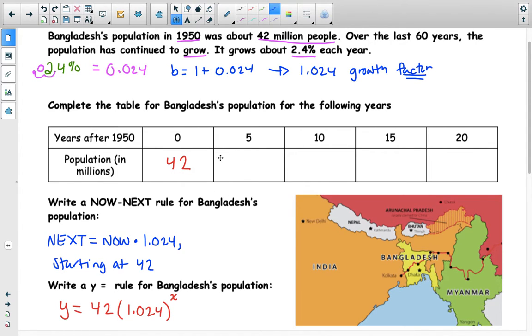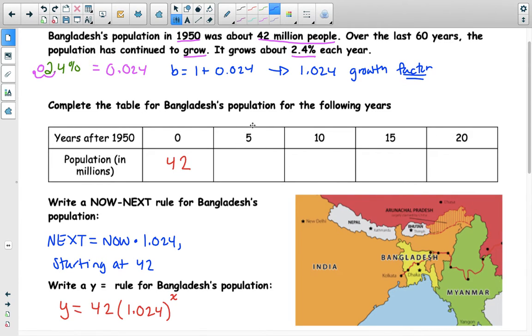So in order to complete this table, we cannot just multiply 42 times 1.024. We have to make sure that we know that it's after 5 years of doing this, not after 1 year. I would have to multiply by 1.024, and then that by 1.024, and then that by 1.024, and keep going until I get to the 5th one, then the 10th, then the 15th, then the 20th.